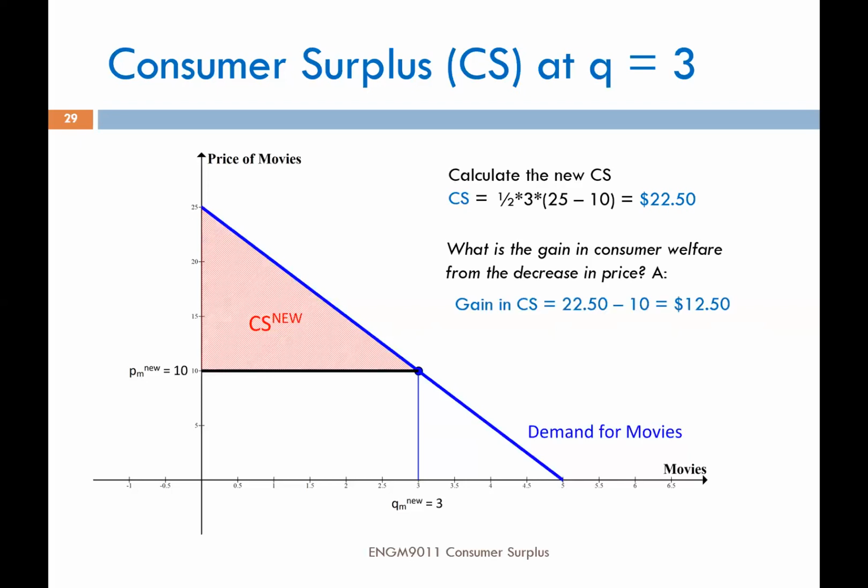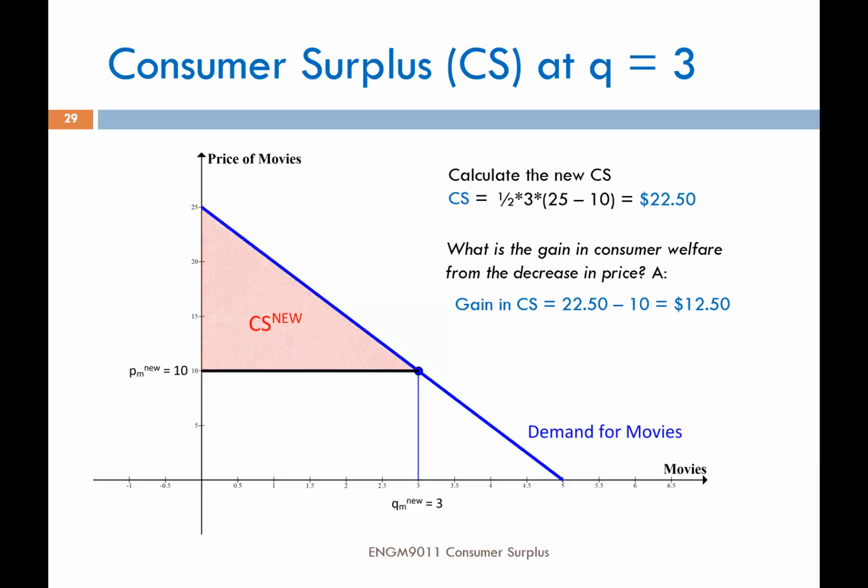Now in this case, for a fall in price, you know it's got to be positive. If it was an increase in price going from 10 to 15, that would be a loss of 12.50. So just be careful about that. You would put a minus 12.50 in that situation.